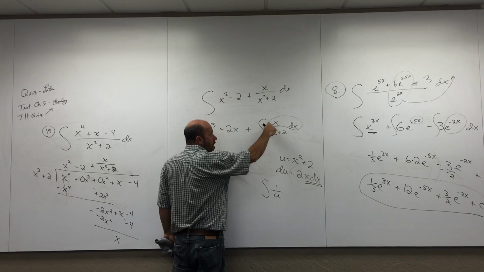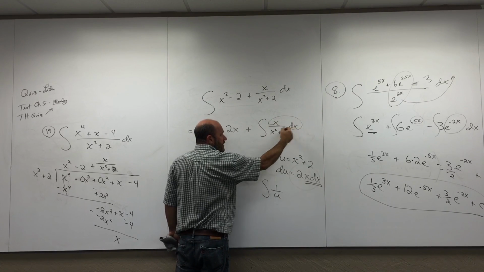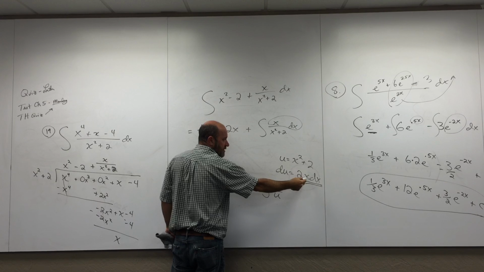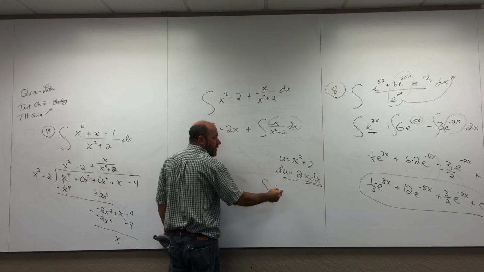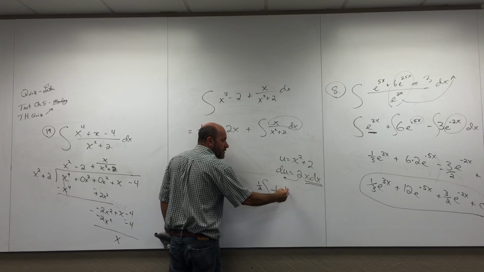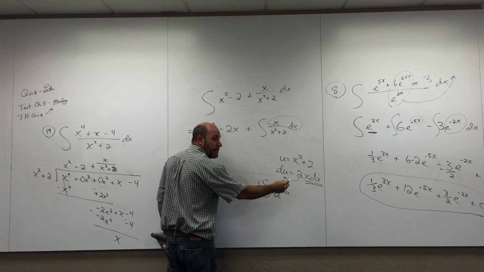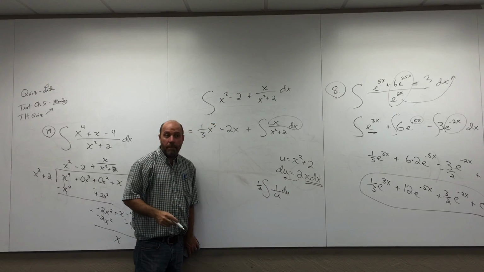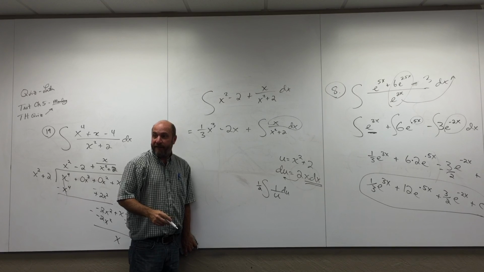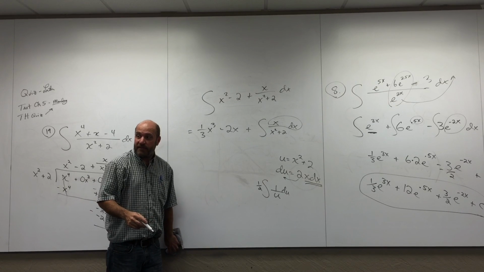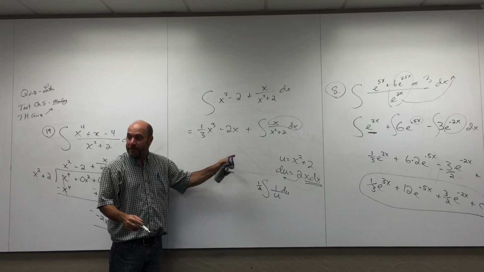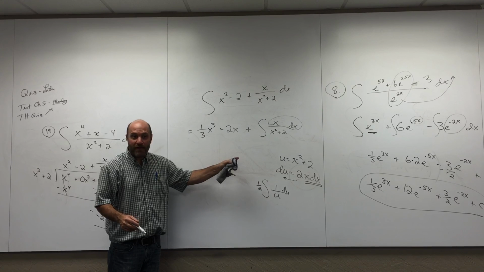I'm saying it's a 1 over u. What's that circle stuff there? X dx. Oh yeah, I gotta move the 2 over. That's a 1/2 du.